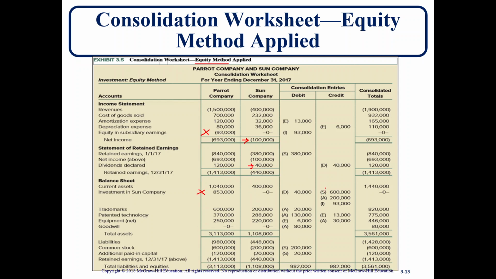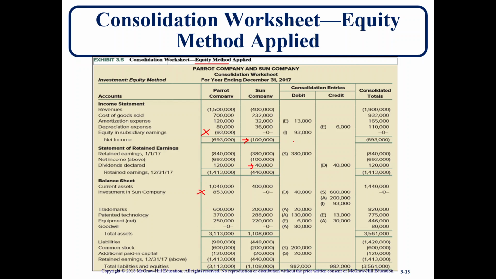And then we have our entry S, where we have eliminated the subsidiary's equity. And we have our entry A, which stepped up the trademarks to fair market value, and the patented technology. Also note the equipment here was decreased because it was overstated. And then we are recording our goodwill. We have our entry I, which eliminated the equity in subsidiary earnings, and then our entry D, which eliminated the dividends.